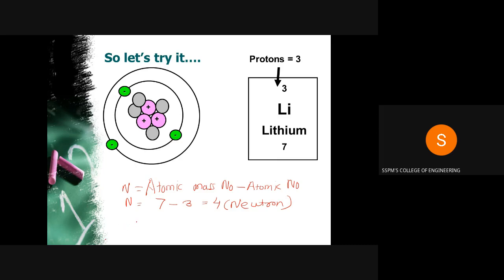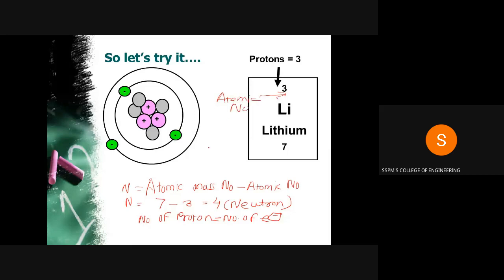Also, the number of protons is equal to the number of electrons, and this is called the atomic number. Atomic number means the number of protons.